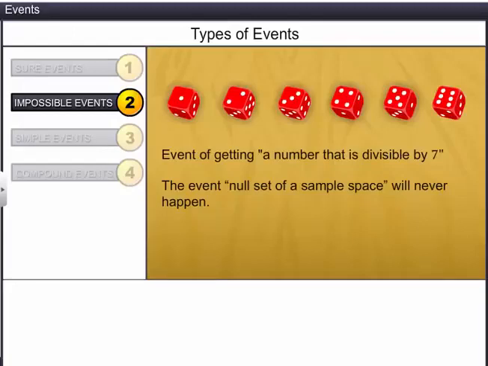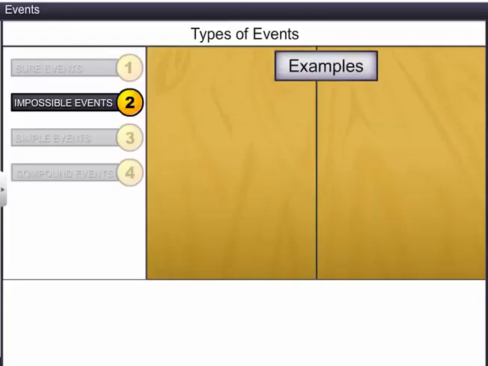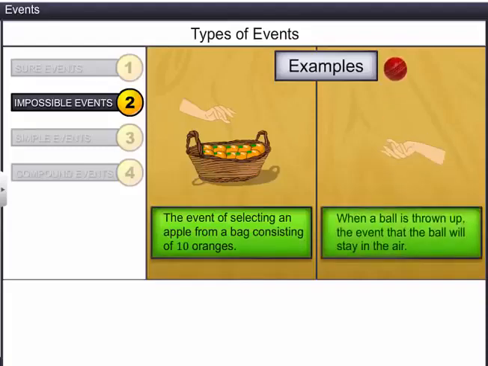In general, if S is a sample space, then the event phi is called an impossible event. Some examples of impossible events are the event of selecting an apple from a bag consisting of 10 oranges, and when a ball is thrown up, the event that the ball will stay in air.